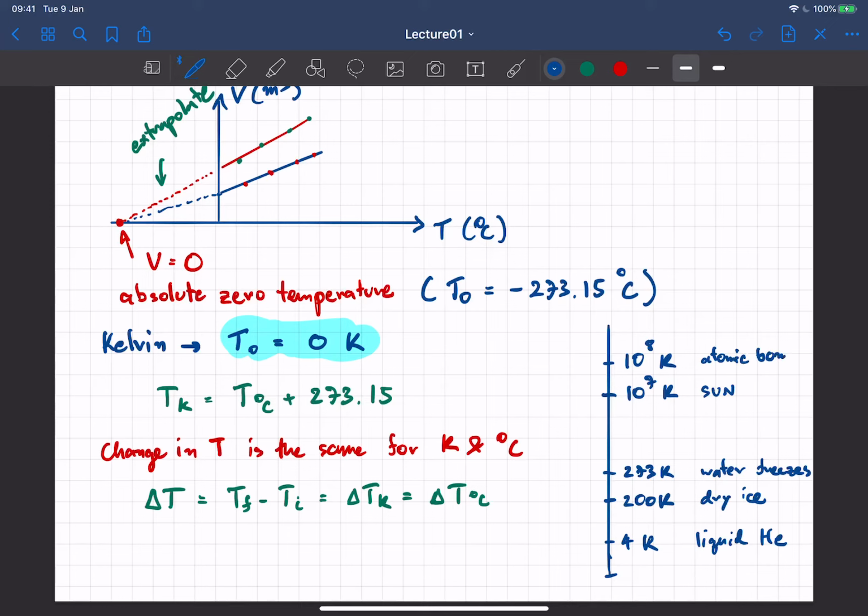During the first millisecond of the bomb detonating, it gets very, very hot, 10 to the 8 Kelvin. So there's no limit on how high the temperature can go. Maybe if you put all the energy of the universe into somewhere, then maybe there's a limit. But in the lowest temperature, you cannot go below 0 Kelvin, because that's when everything freezes.